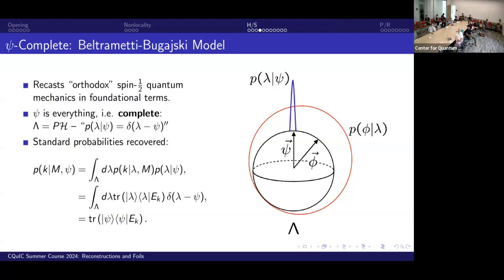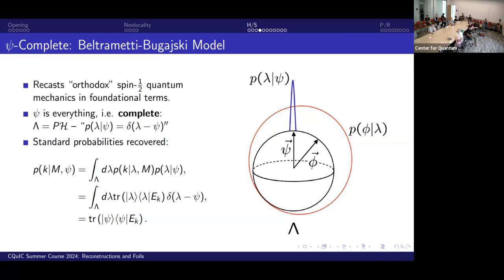Now, as for the picture, this is just a way of depicting the ontic space. The ontic space is capital Lambda here. You say that for a spin half particle, you can parameterize the pure states by the surface of the Bloch sphere. Say you have a wave function psi, which is specifying the actual state here.